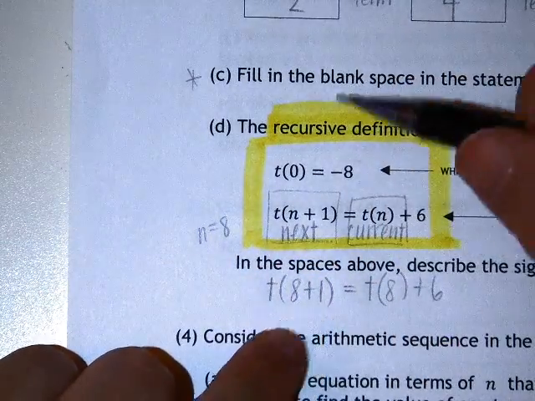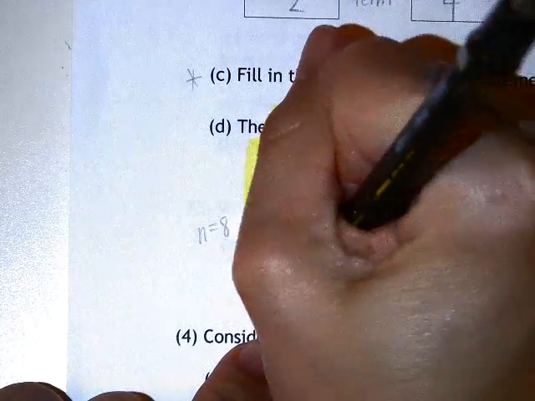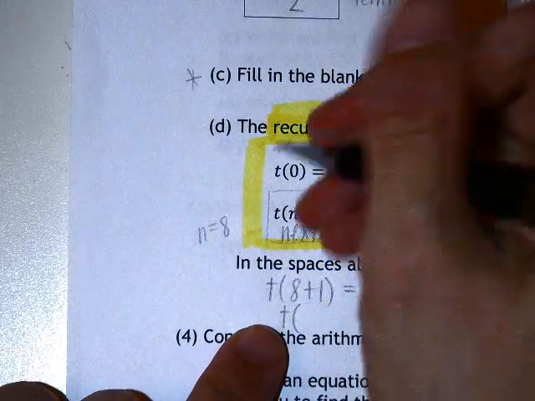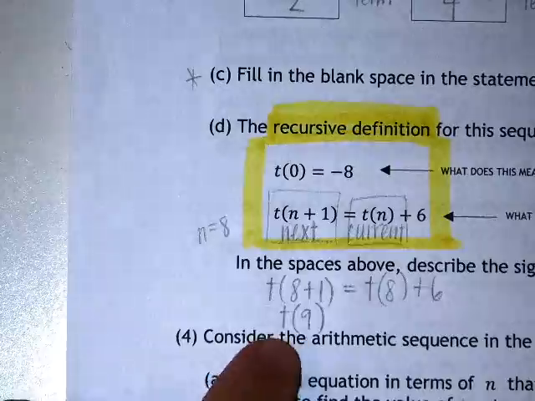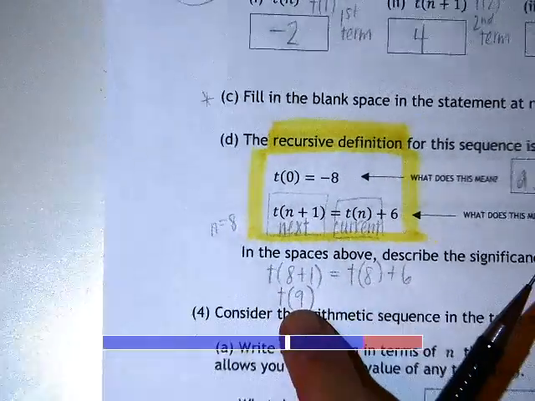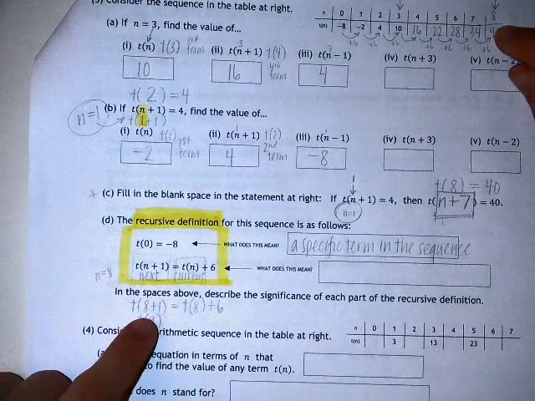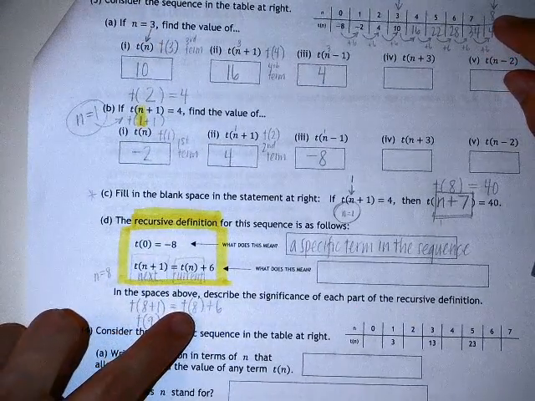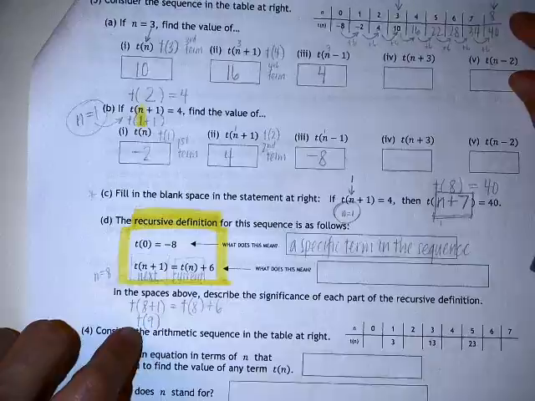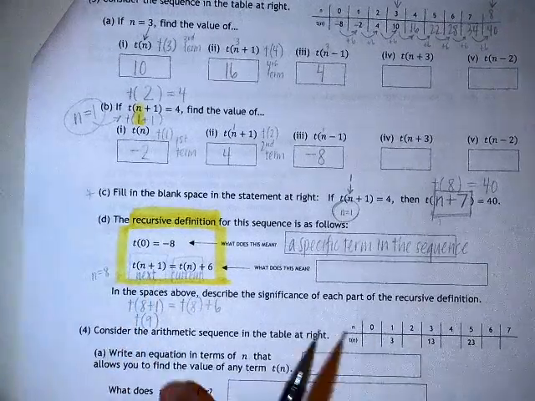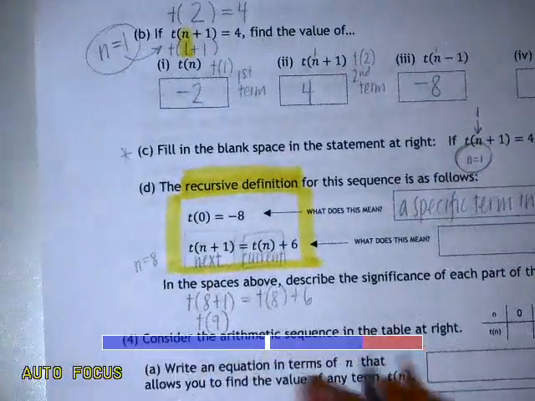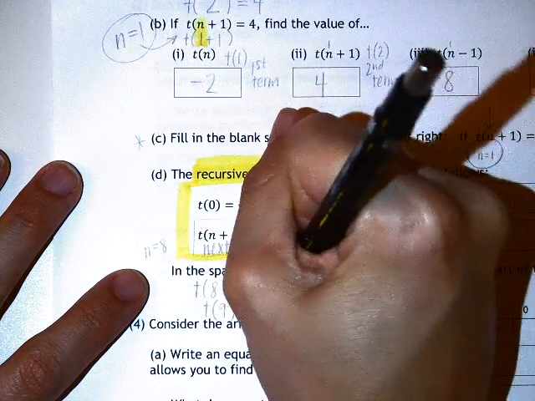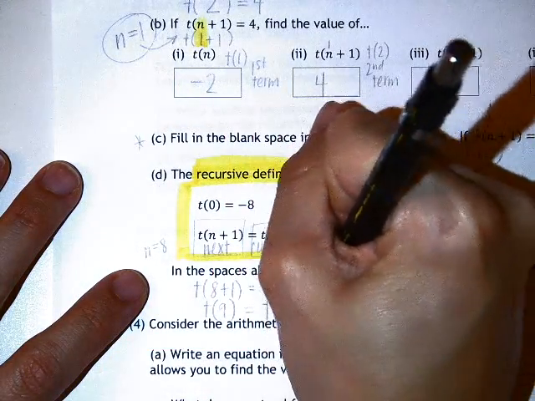Notice how I just plugged the 8 into my formula? The inside of the parentheses, 8 plus 1, is really 9. And 9 is really the next term in the sequence. So when I look back, I would say, oh yeah, if I'm at the 8th term currently, and I want to get to the 9th term, that would be the next one. So my translation seems to make sense. And it says t of 9 equals t of 8 plus 6.